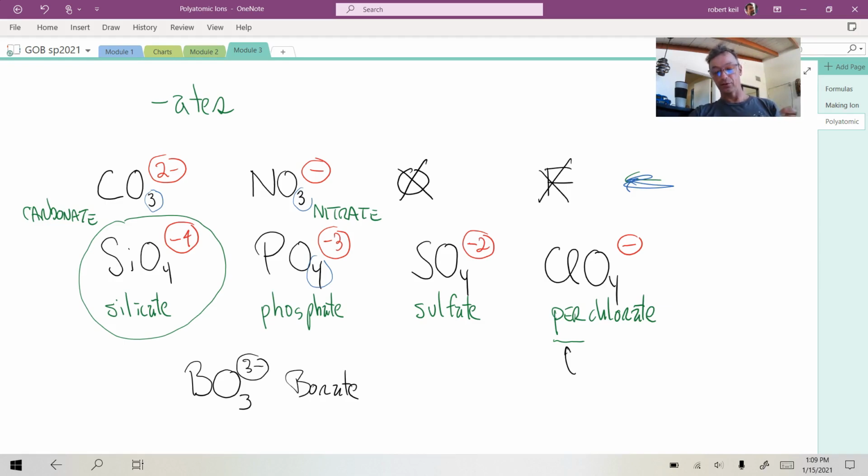Perchlorate is you've encircled it with another oxygen. So the word per in chemistry means add an oxygen to whatever comes next. So you add an oxygen to the chlorate and you get perchlorate. That name, I'll cover it in just a second.